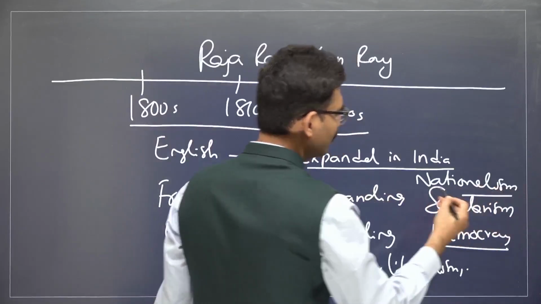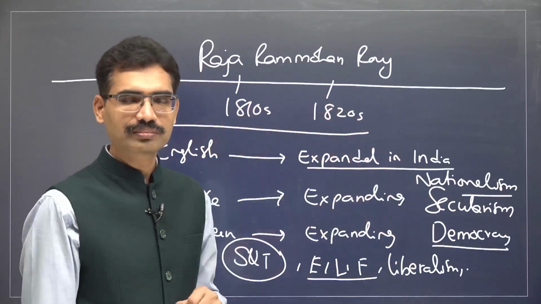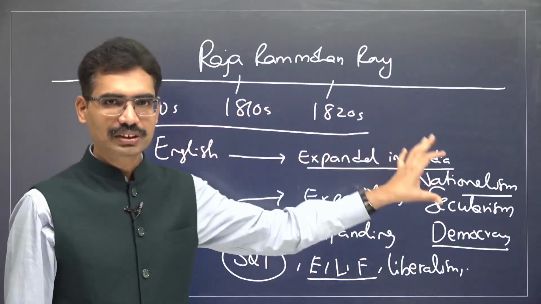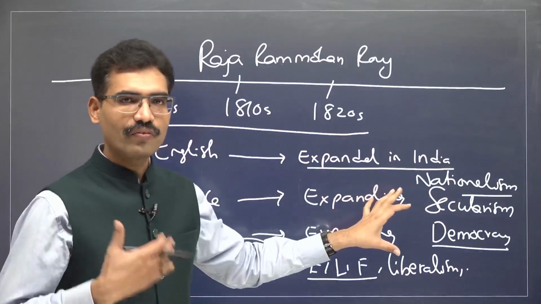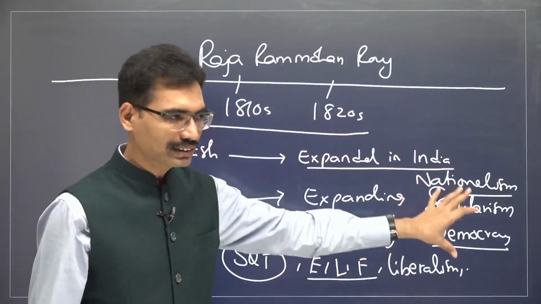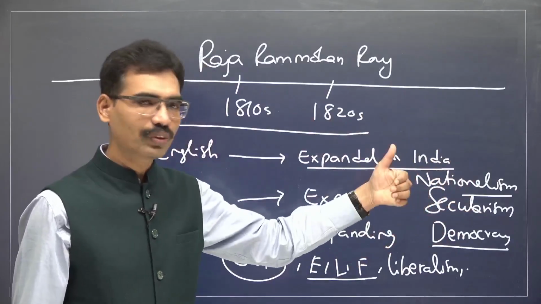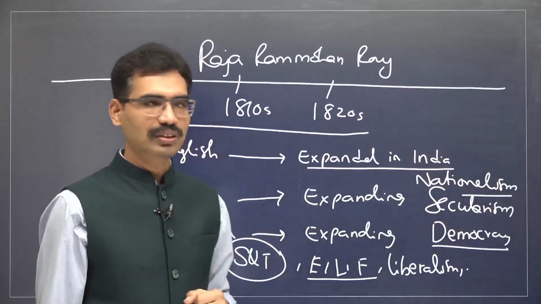These are the values that are growing stronger every day in Europe at this point of time. A generation of Europeans emerged and started thinking that Western values are now modern values, and we have the responsibility to teach these values to the conquered people also.